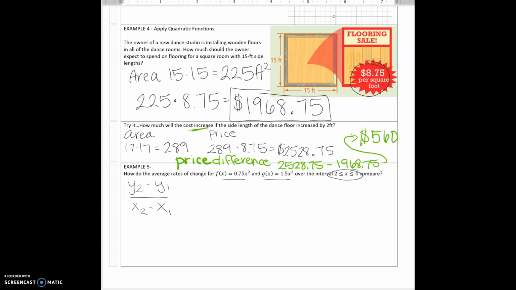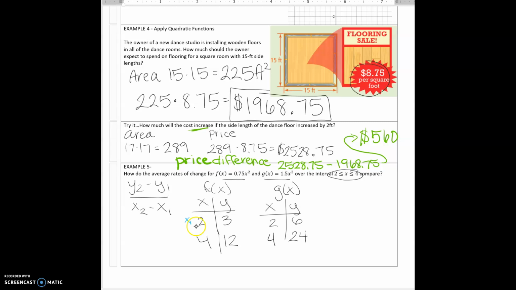And so our x's are 2 and 4, but then we have to find the y values. So we actually have to plug in 2 and 4 for each of these. So you have to do f of x and find the y values for x equals 2 and 4, and then also g of x for 2 and 4. So plug those in and find what you get.